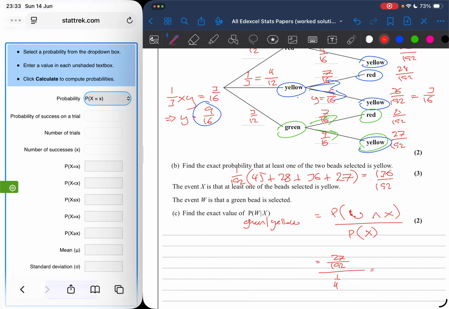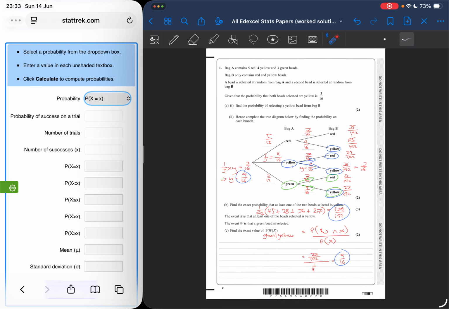So we want to figure out what this is going to give us. 27 on 192, divided by a quarter is the same as times by 4. So it's 9/16. That looks good. That's a number we've had quite often today, isn't it? So that's always a good sign. Lovely. Looks good to me.